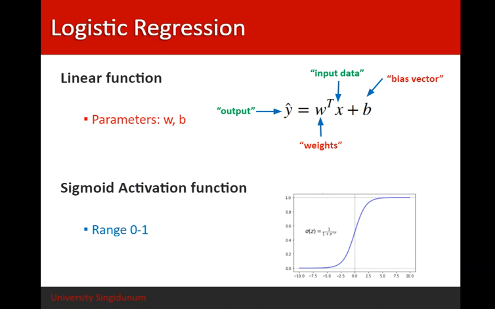If that number is very large, it indicates a large probability that the input image is a cat in our example. On the other hand, if the number is very small, it indicates that the picture is a non-cat. What we need to do with these outputs is map these values somehow, and for that we need to introduce nonlinearities, and we use activation functions, also called transfer functions.